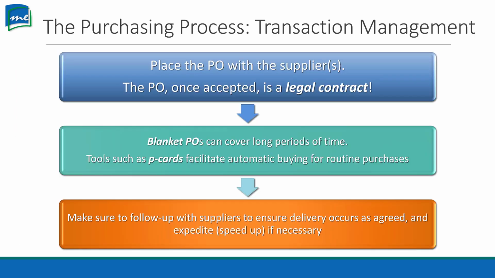So you have to place your purchase order with a supplier. So once they accept that purchase order, it is a legal contract. So our blanket purchase orders can cover a long period of time. It can be 2 months, it can be 10 years. And then you can use tools such as purchase cards or P cards to facilitate automatic buying for routine purchases.